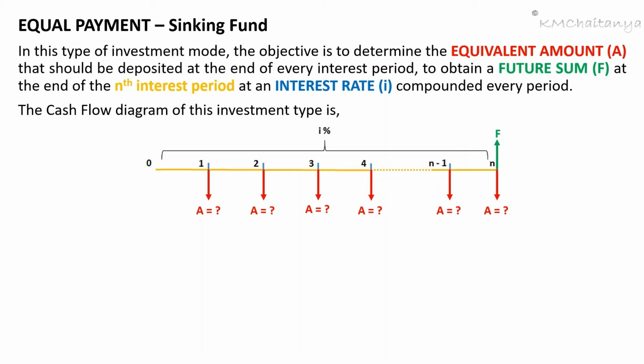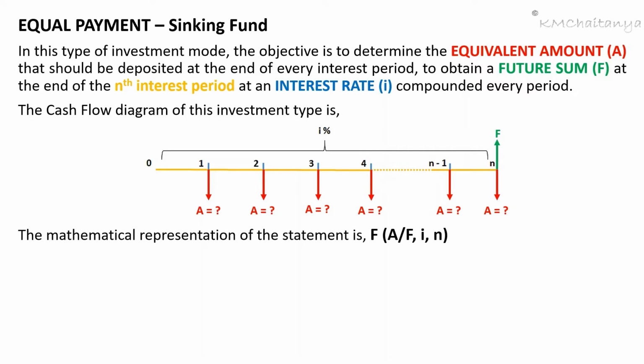This investment type is called an annuity. So, how much annuity we need to invest at the end of every year till the nth year to get a future sum of F at the end of nth year.